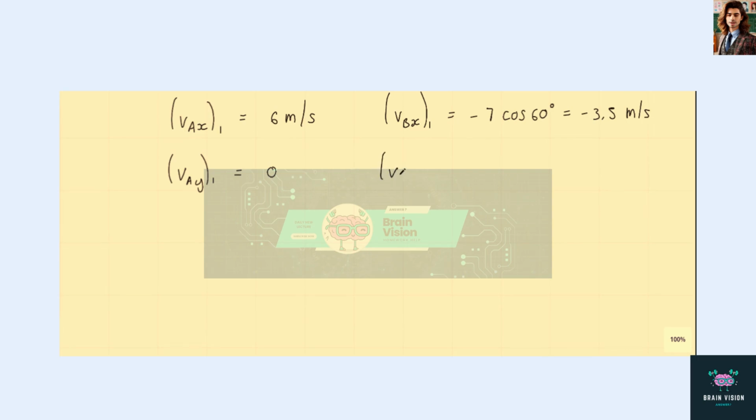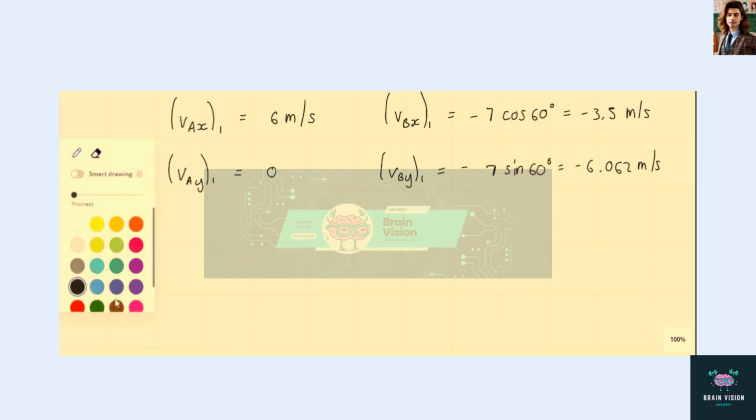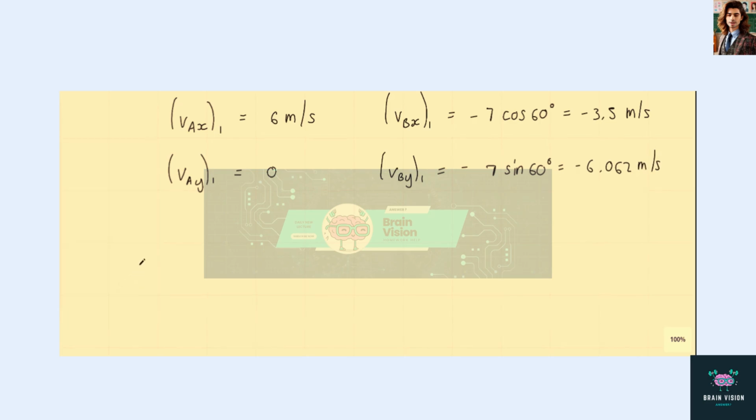And its y component, VBy1, is minus 7 times sine of 60 degrees, which is minus 6.062 meters per second. So we have our components of our velocities before the collision.